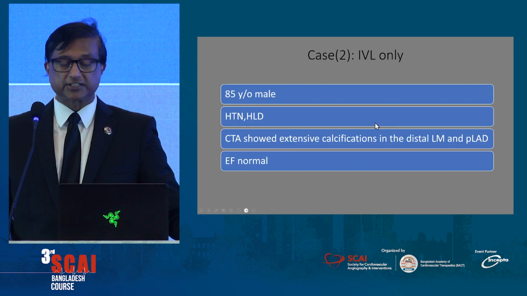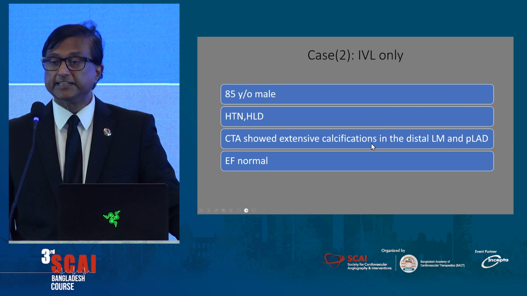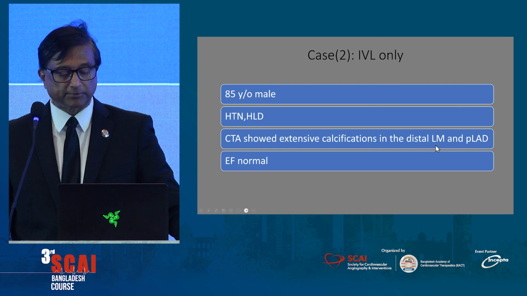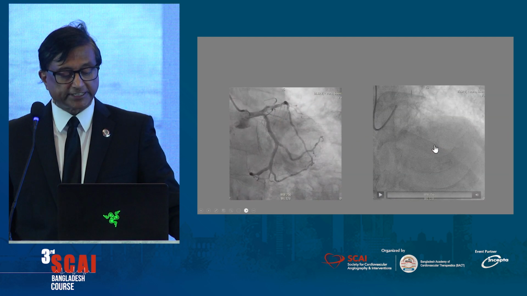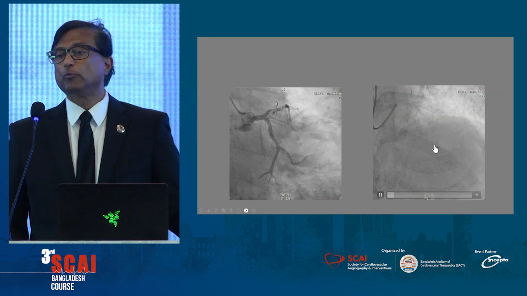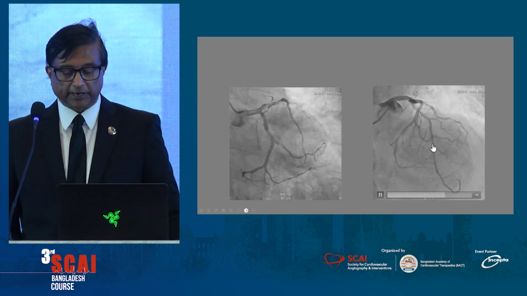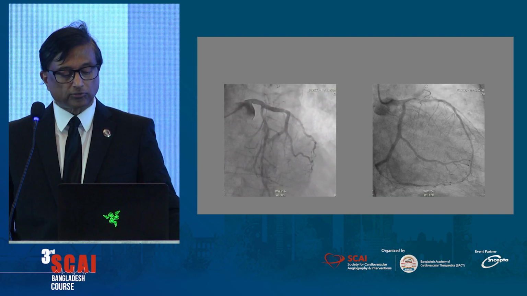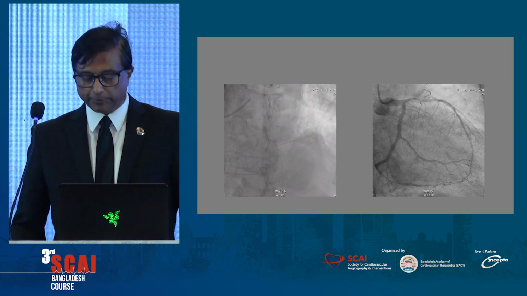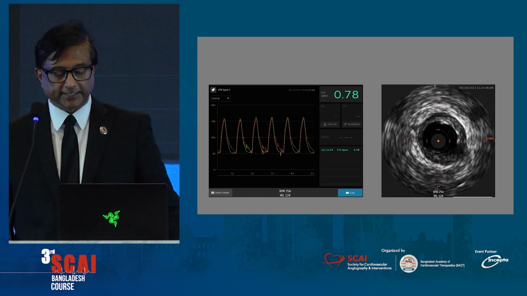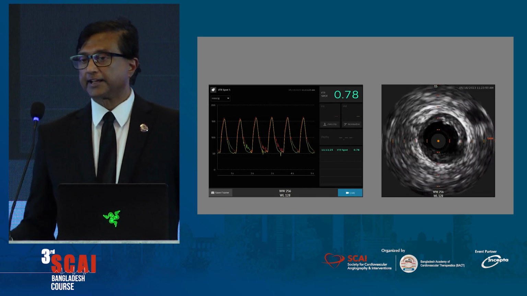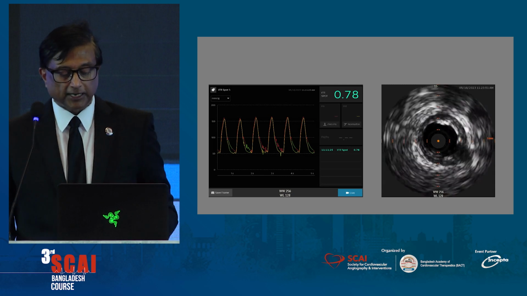An 85-year-old with hypertension and hyperlipidemia. CTA showed extensive calcification in the distal left main and proximal LAD. When we did this, the left main lumen area was not bad, but the LAD looked worse. So we thought we should prep this. We did the iFR because this patient did not have any stress testing.